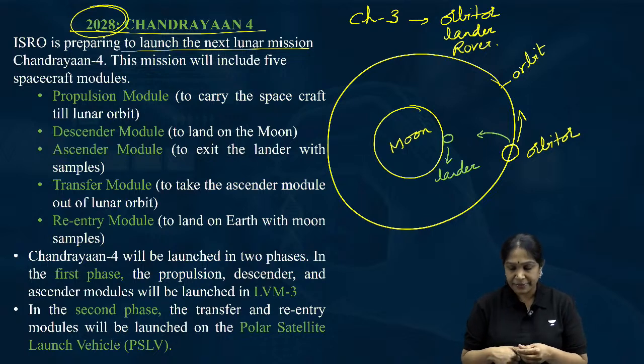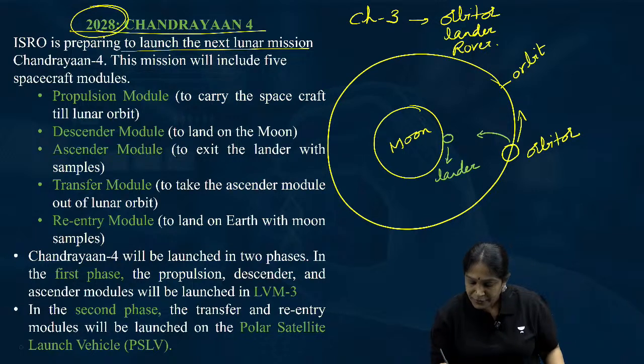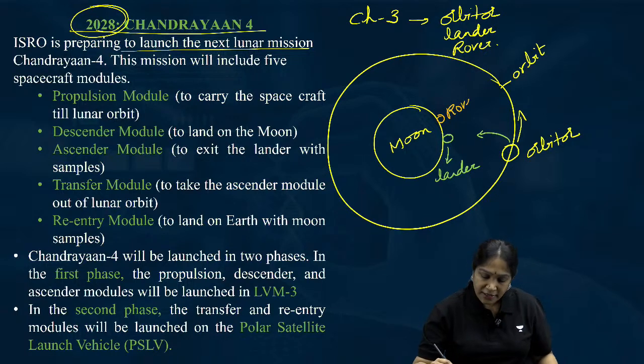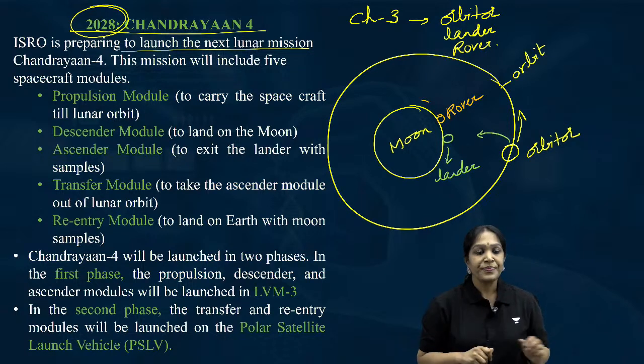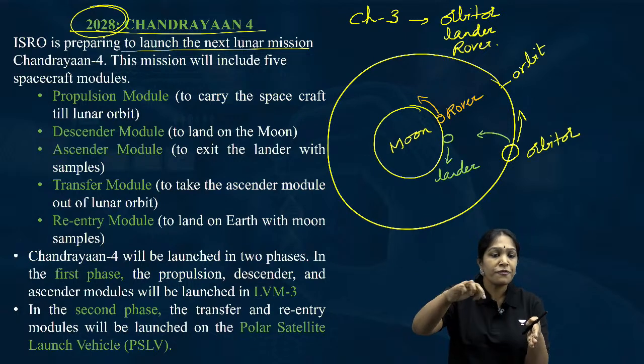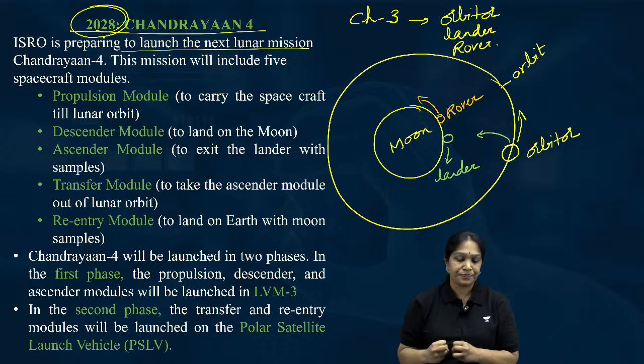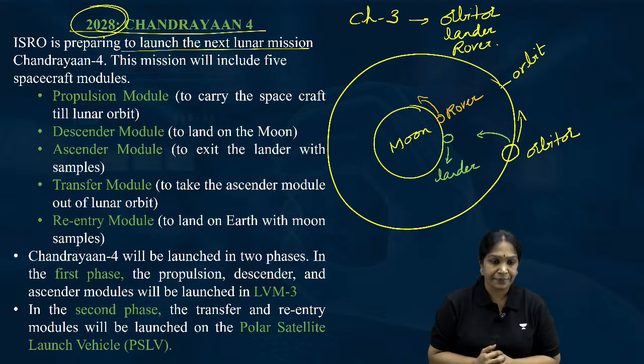That is the lander. Then from the lander, what happens is another component called the rover. Rover will start. Rover is like a small vehicle that will move on the surface of the moon and will collect the sample. Why do we need a rover?